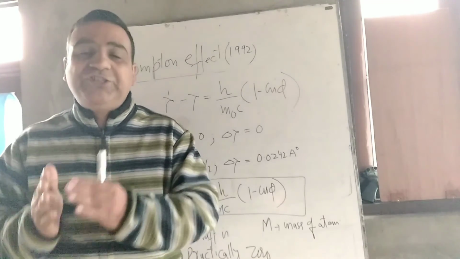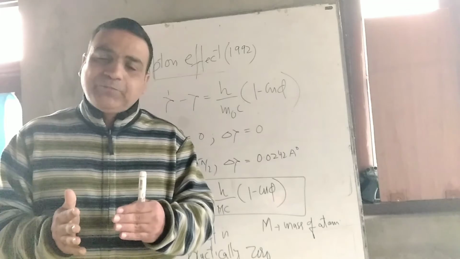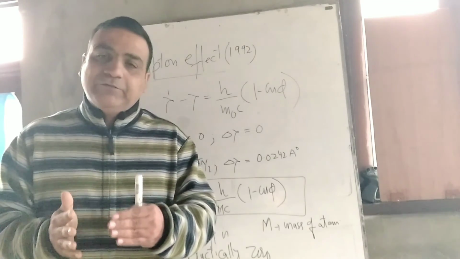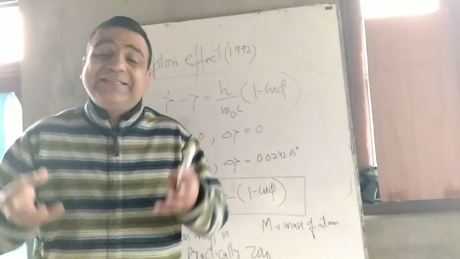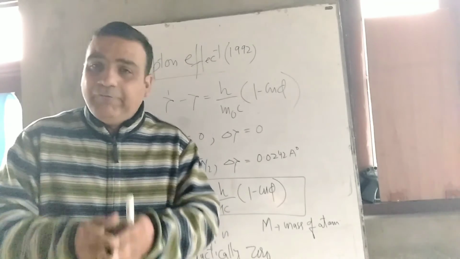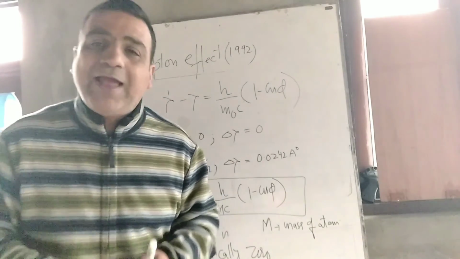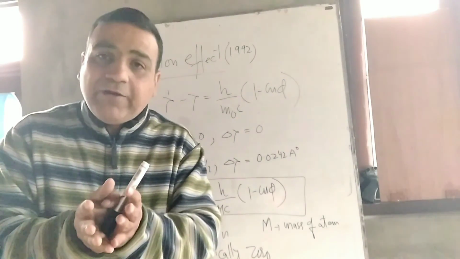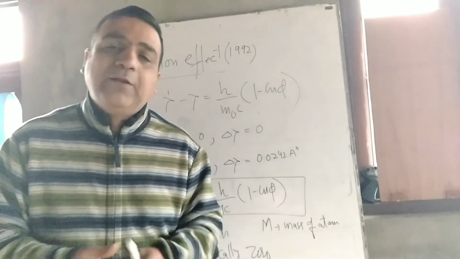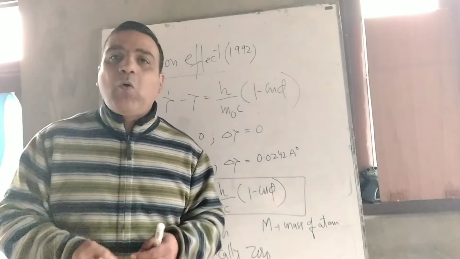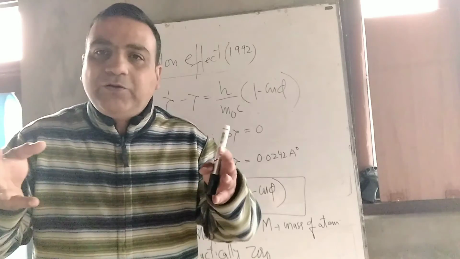So there is no shift in the wavelengths of the photons that have been hitting these atoms. Wherever they are hitting the free electrons, you have the Compton shift. Wherever they are hitting the atoms as a whole, you will have unmodified radiations.